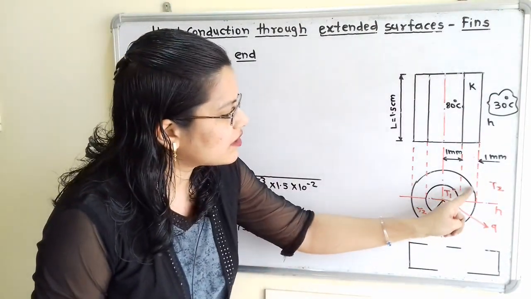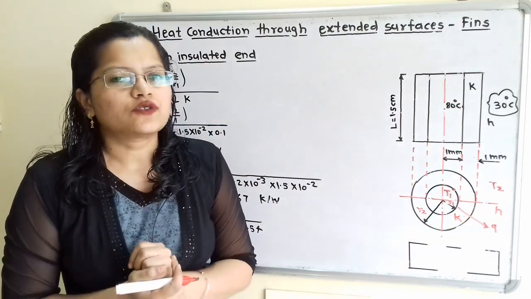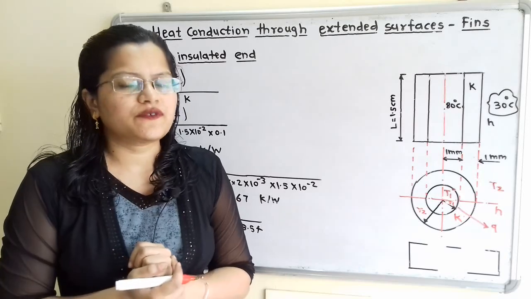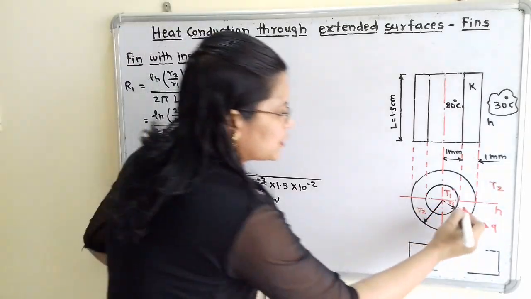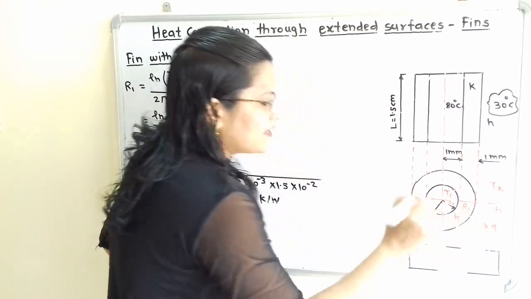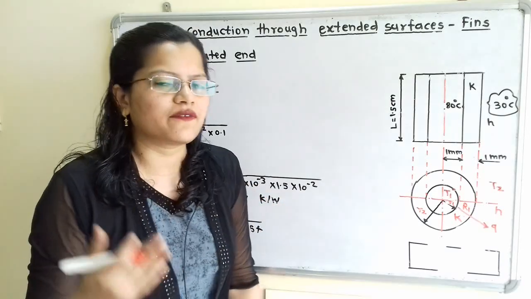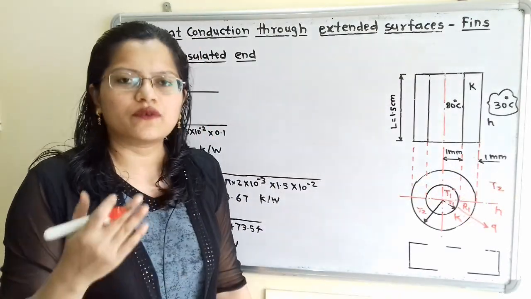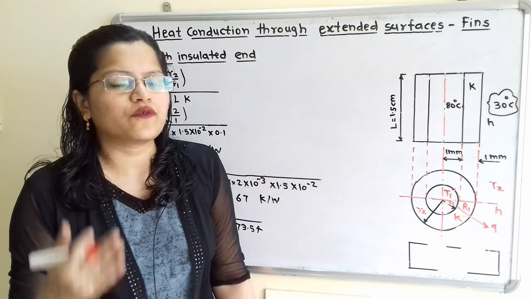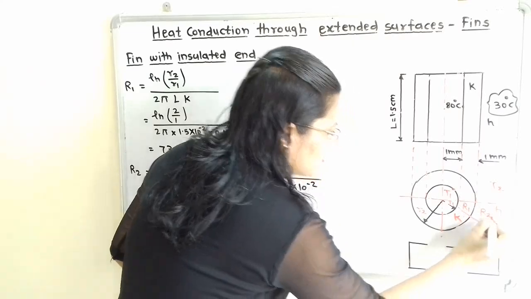First there is the conduction heat transfer process, so resistance R1 is the resistance for conduction heat transfer. Then from this insulation surface there is the convection heat transfer process to the surrounding, so we consider resistance R2 for convection heat transfer.